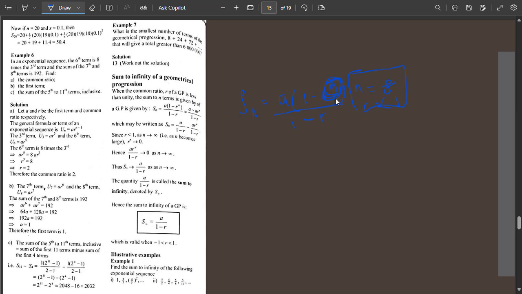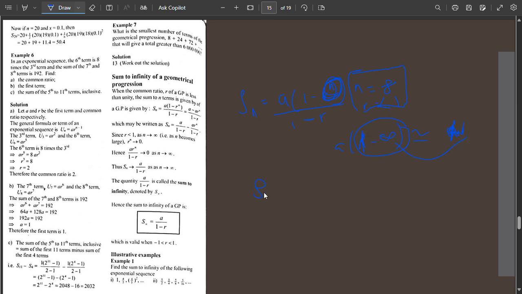So S to infinity becomes approximately equal to A, because all of this becomes 1.